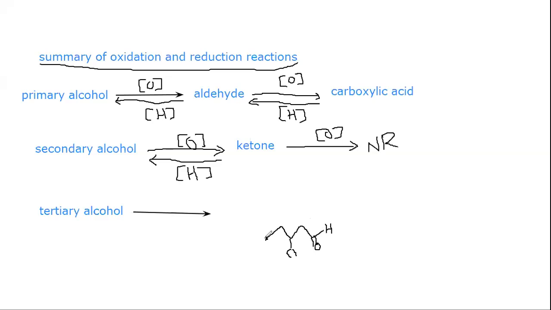You guys can see I have 5 carbons: 1, 2, 3, 4, 5. And I'm doing reduction. So reduction is here. This is aldehyde. Clearly you guys can see this is aldehyde. On reduction will give you primary alcohol.